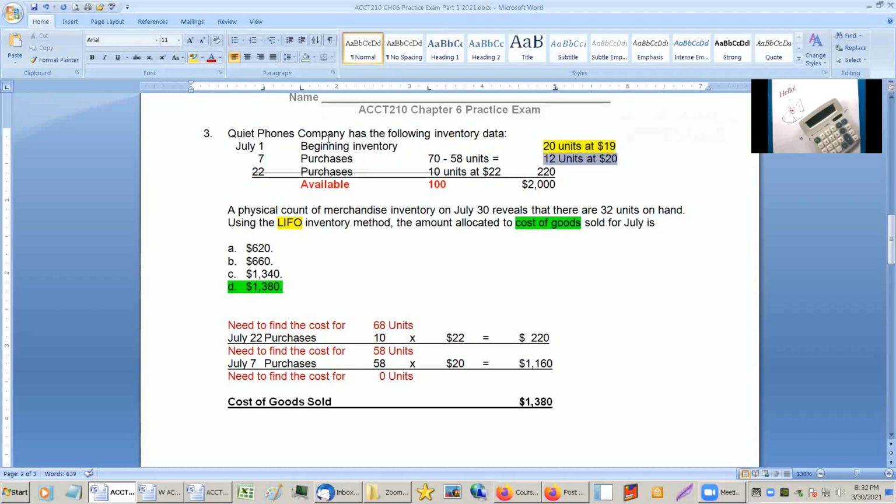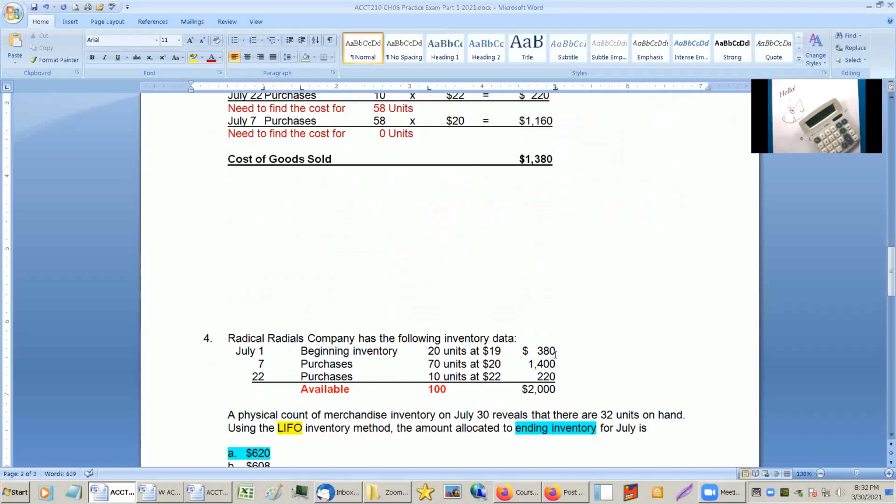We still have all of them from the first layer, and there's still 12 from the 7th. Now coming down here, truthfully though, you could say, okay, my cost of goods sold was 1380. So if that was what was sold, what was not sold? So ending inventory, that would be 13,620.